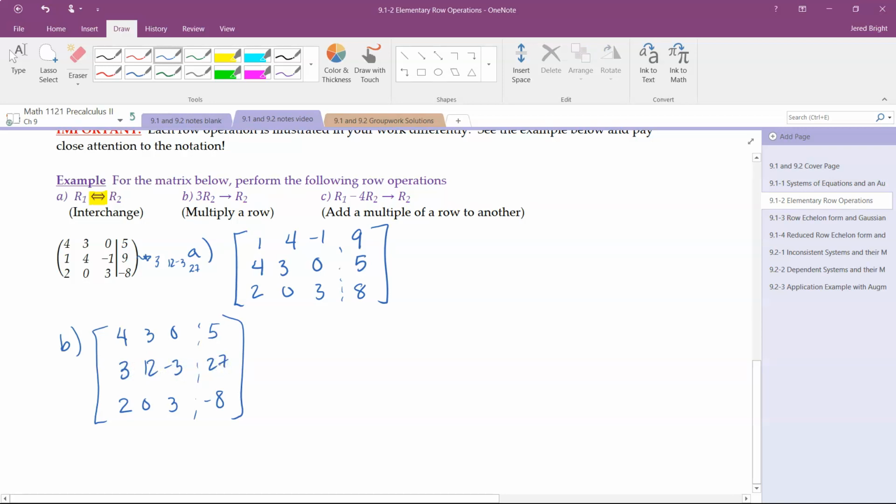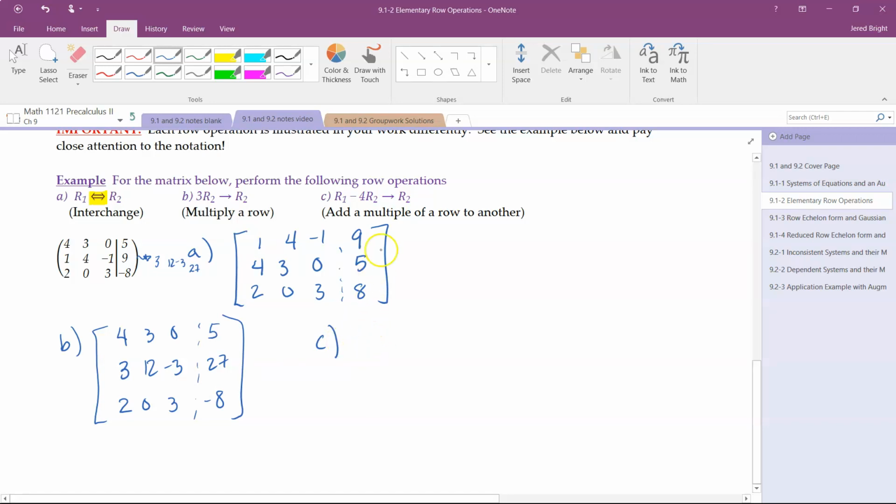Now, the last one is perhaps the most complex because you either need to write stuff down extra or hold a lot of numbers in your head. This one illustrates the third elementary row operation of adding a multiple of one row to another.